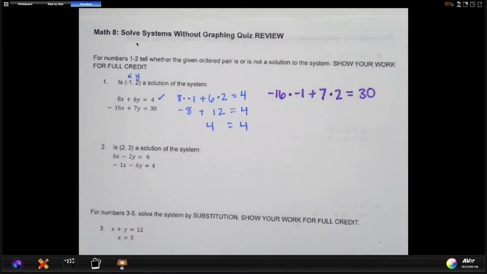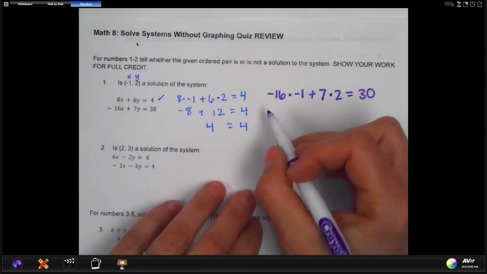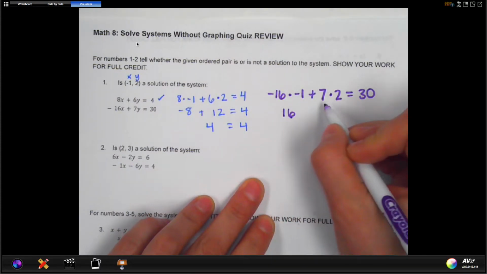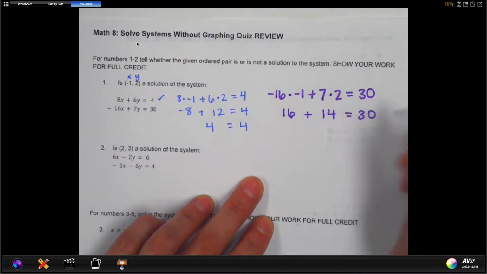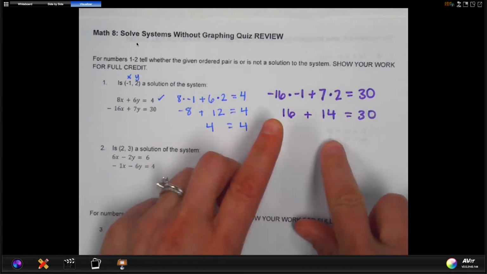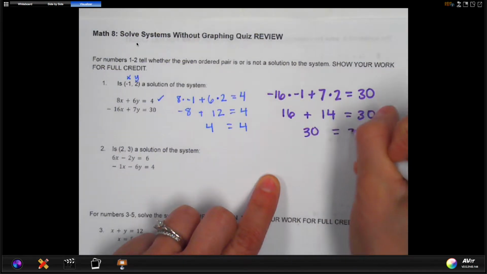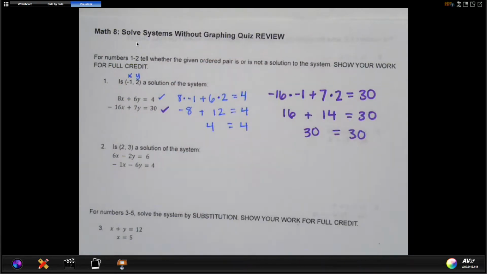Again, we want to multiply first. A negative times a negative gives us a positive 16 here, and then 7 times 2 is a positive 14. Bring down our plus sign, our equals, and our 30. Add 16 and 14, and it does in fact give us 30. And so we get the same thing on both sides again. So it works for both.